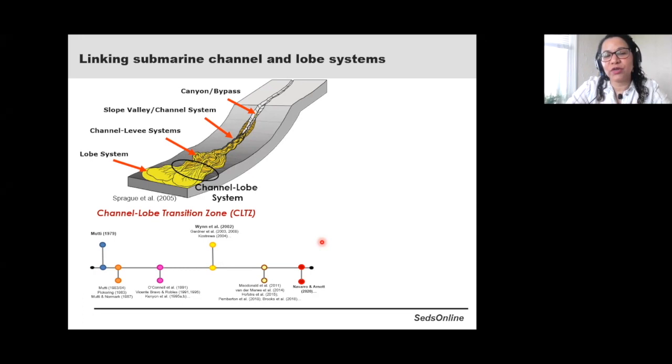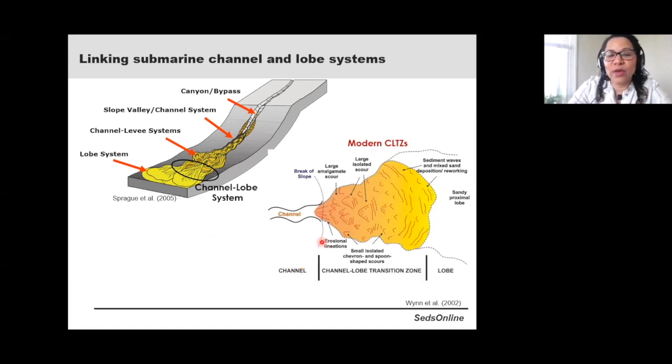But one important contribution came in the early 2000s when Wynn et al. and his colleagues gave us a picture of what the CLTZ looks like in modern systems. In their representation, they show us that this area is completely populated by scours, and also there are sediment waves and localized sands and reworked materials all across the area.